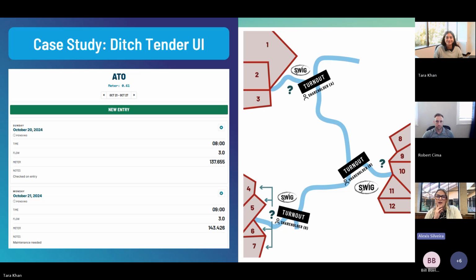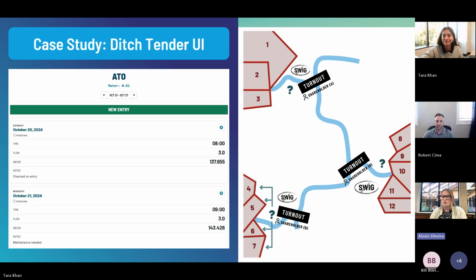Thanks, Tara. So just to back up, North Fork Kings is in the King Sub-Basin. We have 168,000 acres, 135,000 of that is irrigated. But inside of North Fork Kings, we have 10 surface water entities, which makes this ditch tender user interface super important to us. So I just want to back up even further.